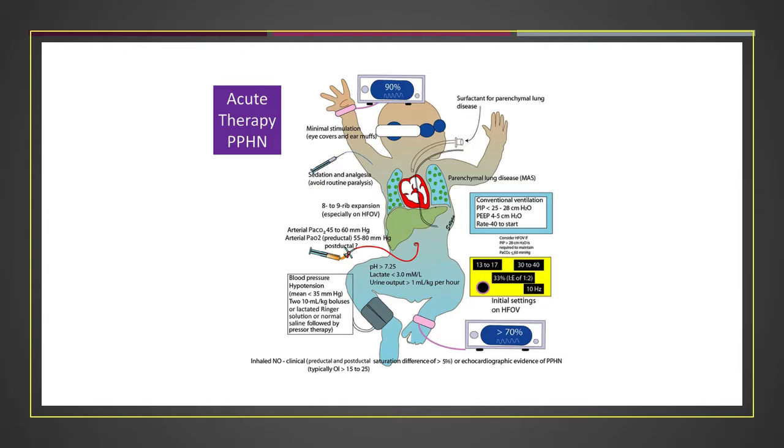The second and third vessels go to the left side, and then of course the aorta goes on out to the body.